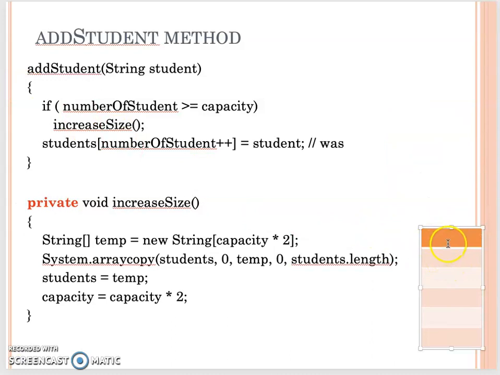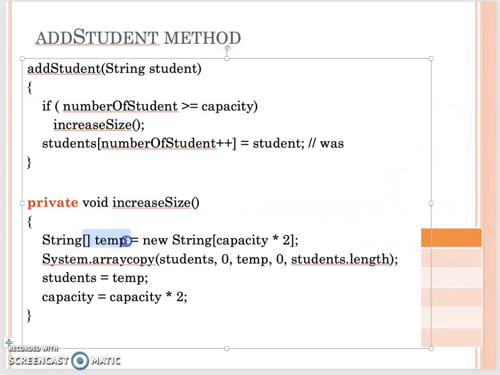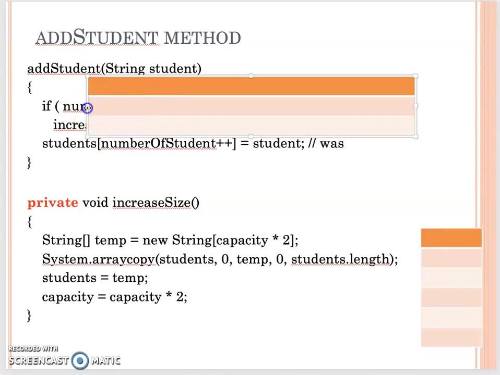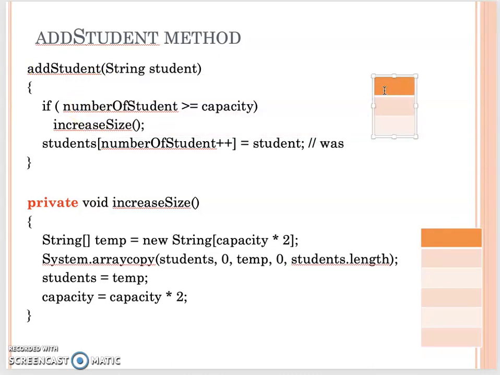Then here I refill this one with the temp. But I still have my old one, right? Let me put it in a different color. So then we insert the old one, and the old one I will make a little smaller. That's the old one.